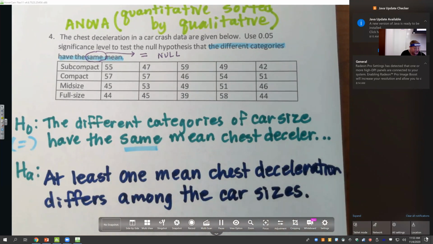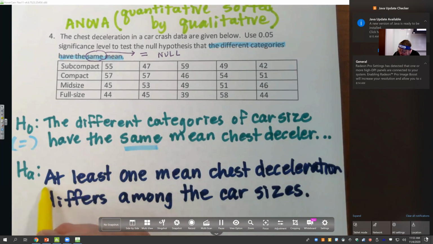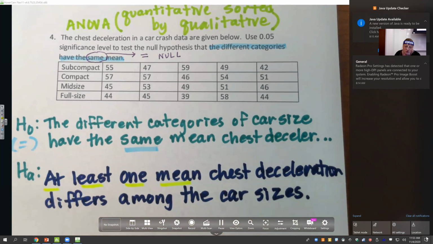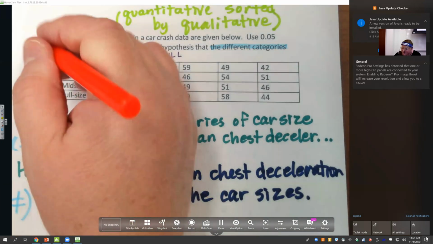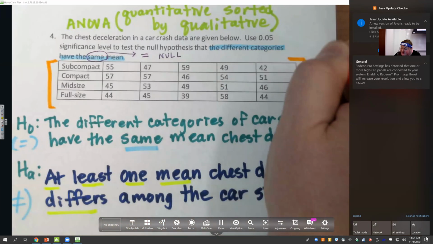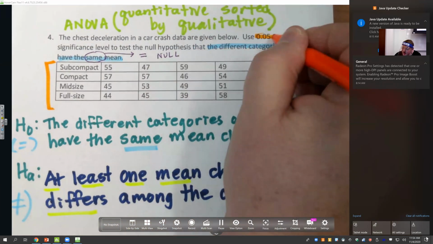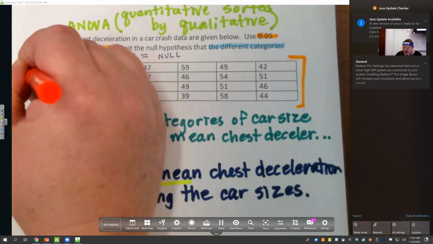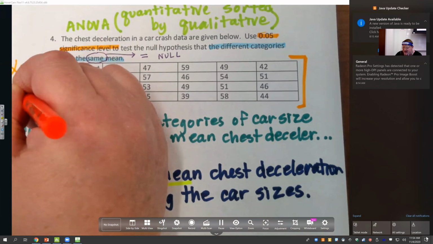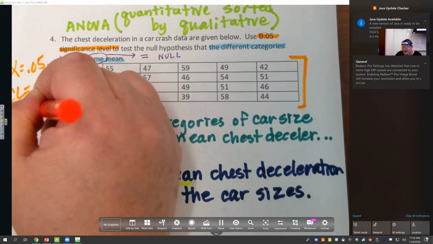Okay, again, I pointed out to you just a minute ago, you're always going to say at least one mean, whatever the mean is, differs, and that implies not equal. Again, you've been given the information. Hopefully you've paid attention. I pointed out how the table is set up, and you need your level of significance, which is 0.05. Remember, if alpha is 0.05, your confidence level is 95%.